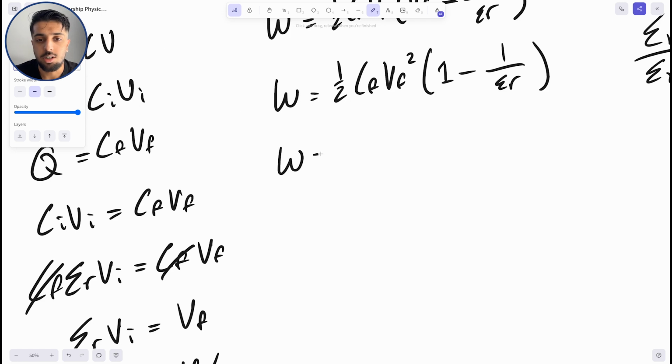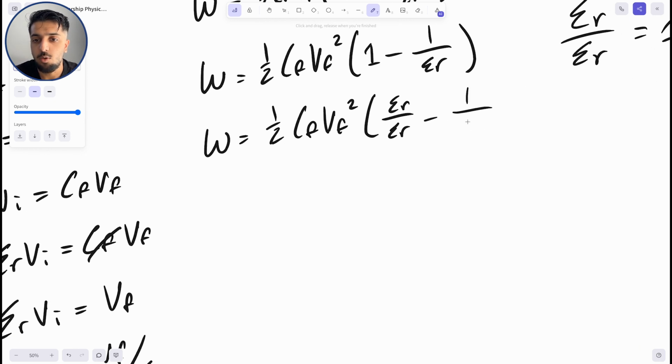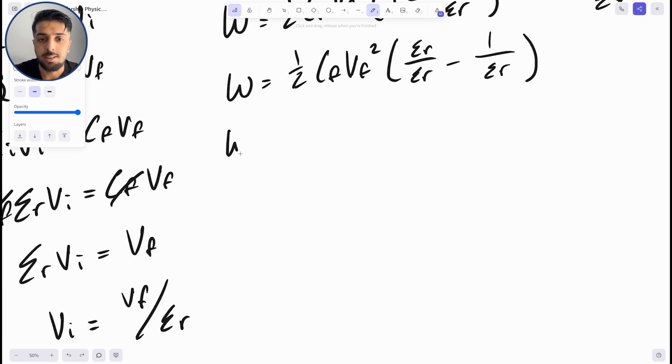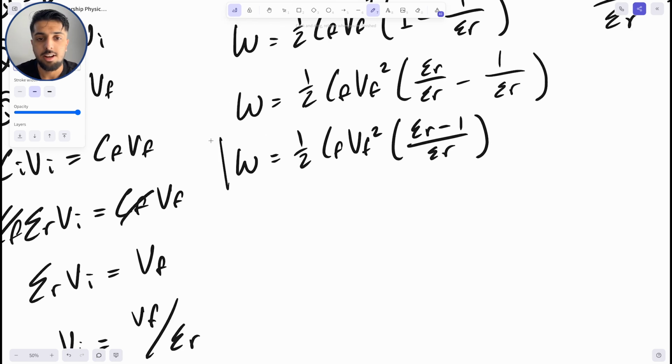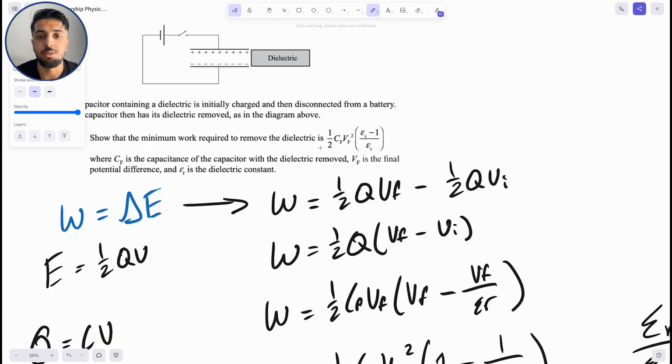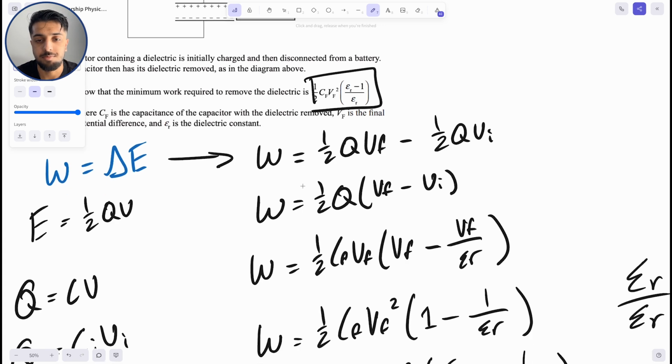And so we get work is equal to half CF VF squared, ER all over ER minus 1 over ER. Now as these have the same denominator, we can combine the two. So we get, and that right there is our final equation.